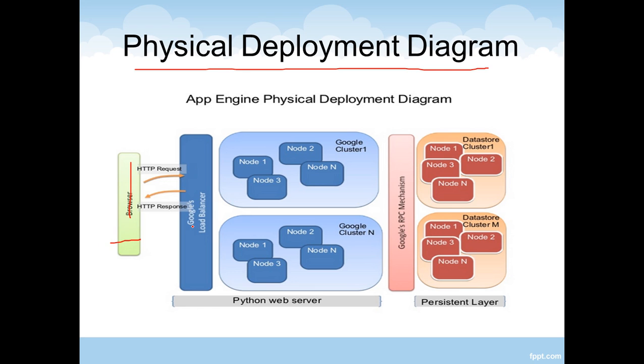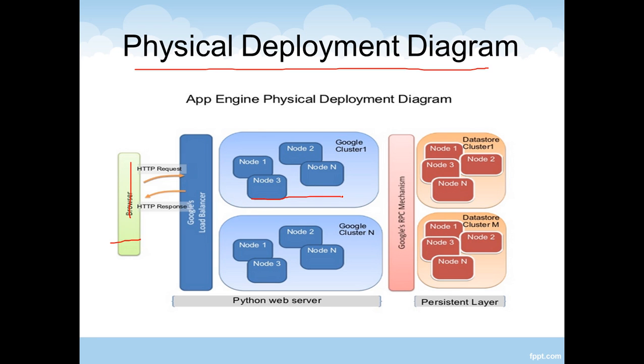Suppose there are around 100 million users with Gmail. If 50 million of them create a Google App Engine, you can imagine how much load is coming to the Google servers. So there is a Google load balancer which manages all the load created by the different users using the different browsers.